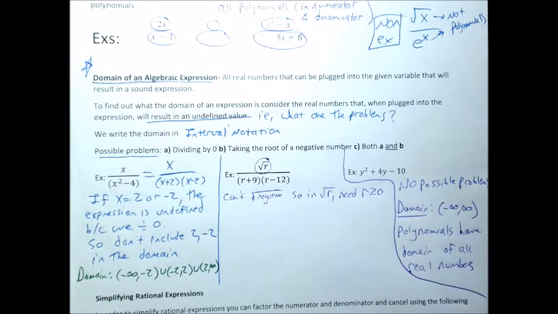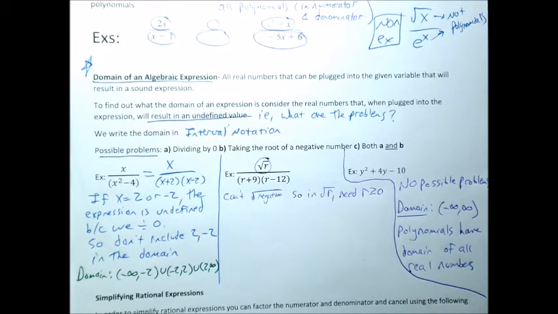So r greater than or equal to 0 means not negative, right? So that's telling us something about the domain. So already we know we can't plug in -1, for example. Is that okay?